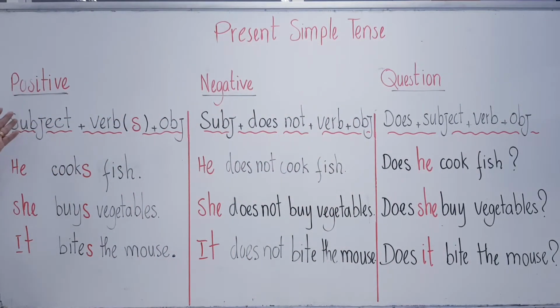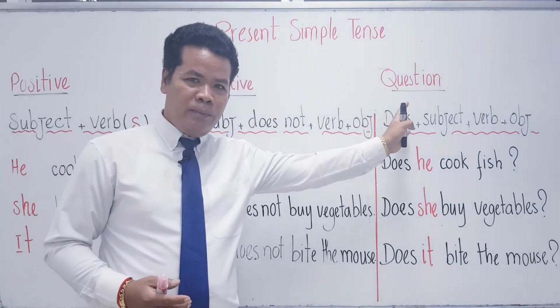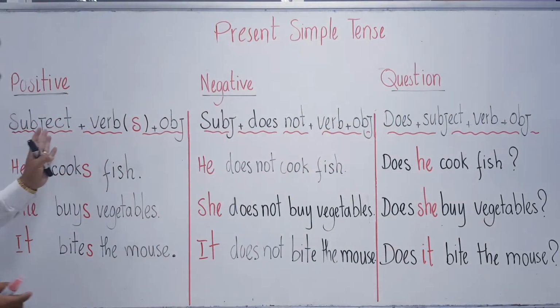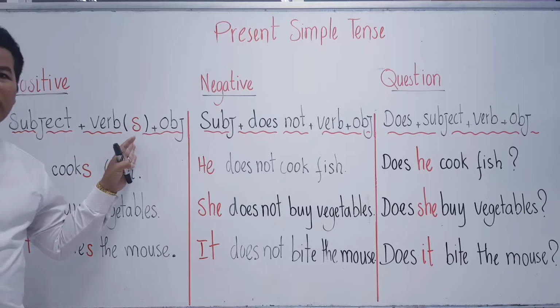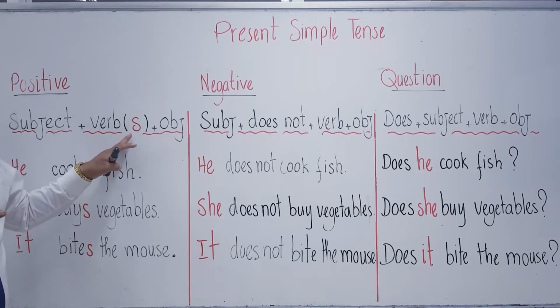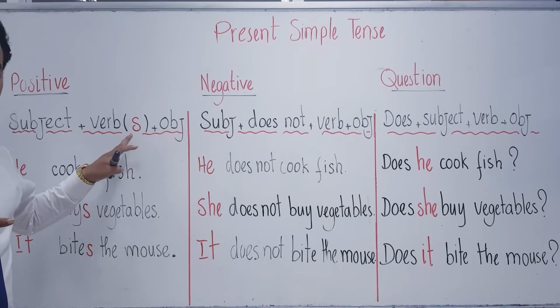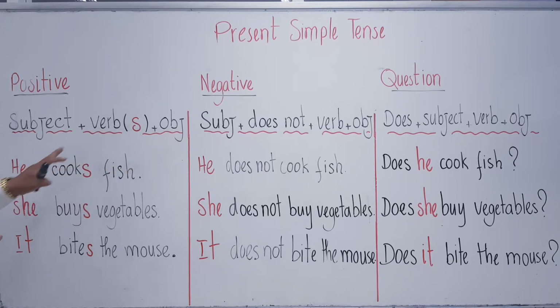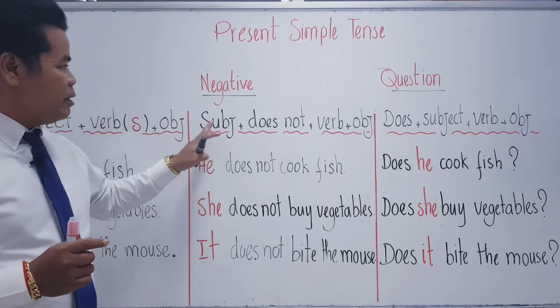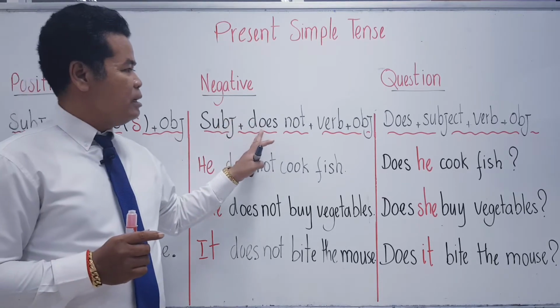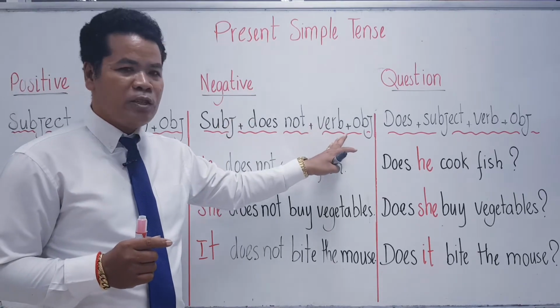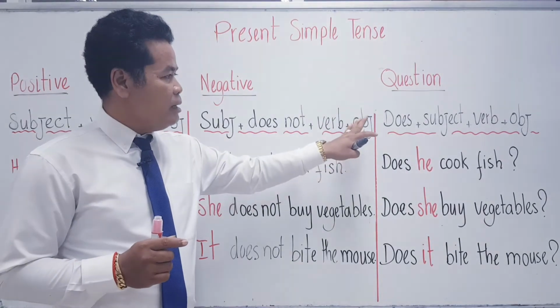On the whiteboard, I divided it into 3 forms: positive, negative, and question. You can see the form. The normal form of the positive is subject plus verb, 80% of the verbs, V plus S, and plus object, just only 80%. If you go to negative, we have subject, you use does not, plus verb, there is no S here, and then object.